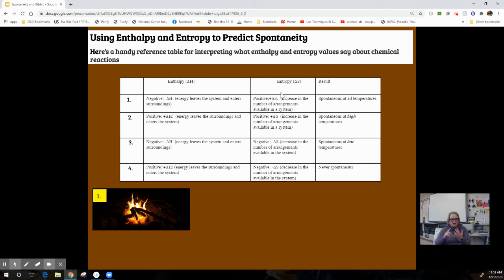I'm making a gas with the carbon dioxide, carbon monoxide product that I'm creating. The ash is going all over the place. Entropy is increasing. So if I've got a negative enthalpy and a positive entropy, this reaction is going to be spontaneous at all temperatures, meaning that as soon as I get this wood to start to burn, it's going to burn whether it's cold outside or whether it's warm outside. It is going to be a spontaneous process.